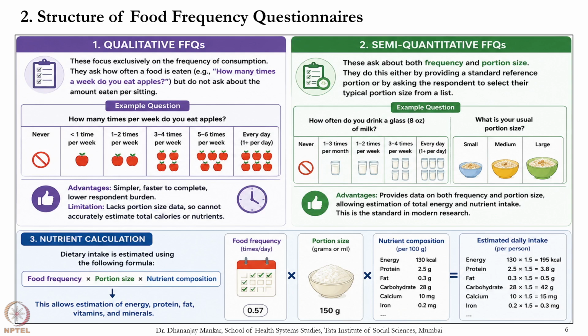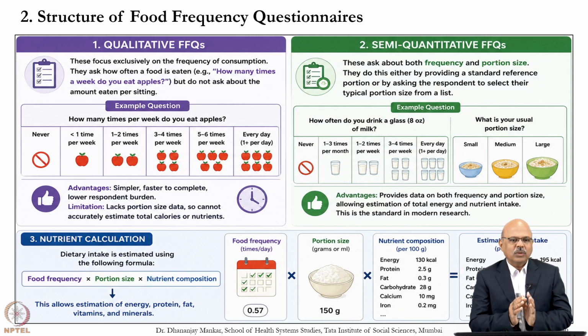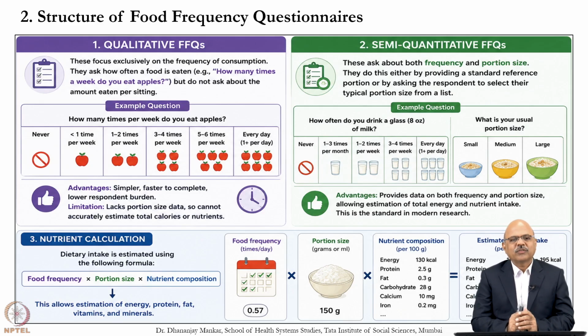What is the structure of an FFQ? There are qualitative and semi-quantitative FFQs. Qualitative FFQs focus exclusively on the frequency of consumption, like how often in a week you ate apple, as an example, but do not ask about the amount eaten per serving, or portion.